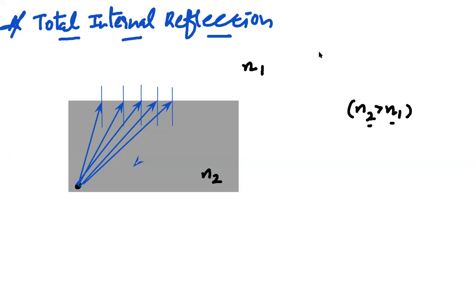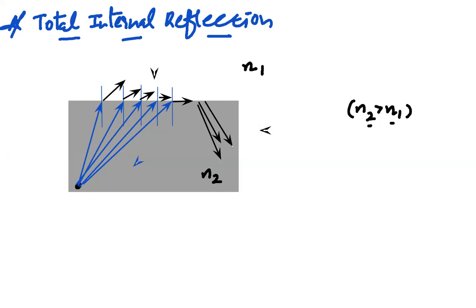It keeps getting more away, more away, and one moment will arrive when my ray becomes parallel to the surface. And after that, what happened? After that, all rays will come back into the same media.